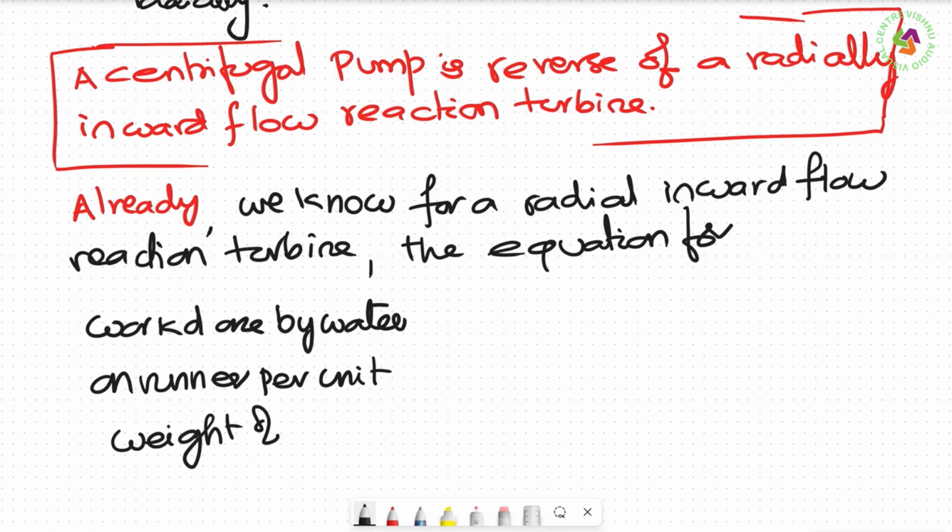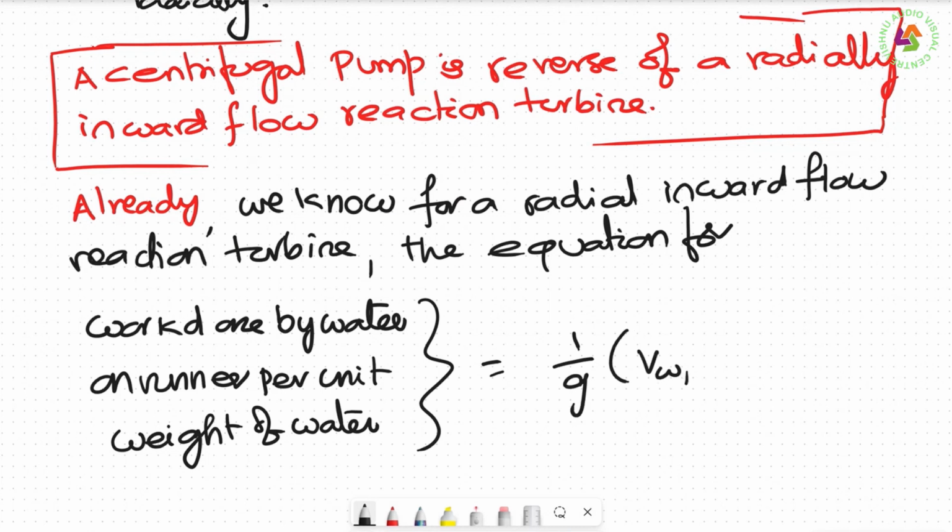This I have already derived in the previous classes. It is equal to 1 by G into (VW1 U1 plus VW2 U2). This is what we have already derived.